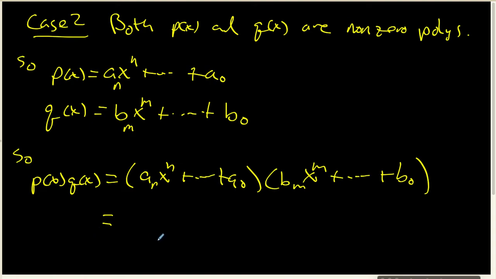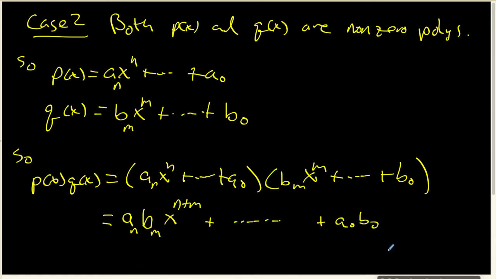And so the very first thing that I'm going to get inside my product, and the highest power of x, is going to be this leading term times that leading term. So the biggest power of x inside the product is going to be a_n x to the n plus m, and its coefficient is going to be a_n times b_m. Plus, and I'm going to say there's a whole bunch of terms that I don't care about. The constant term at the very end is going to be a_0 b_0.